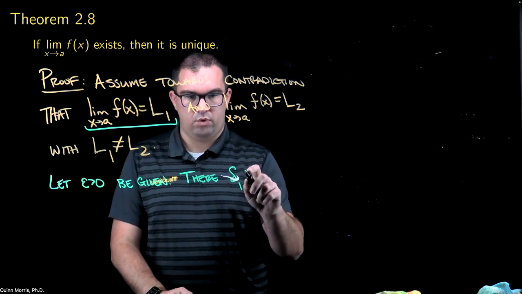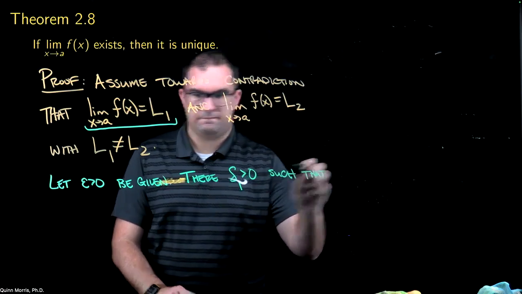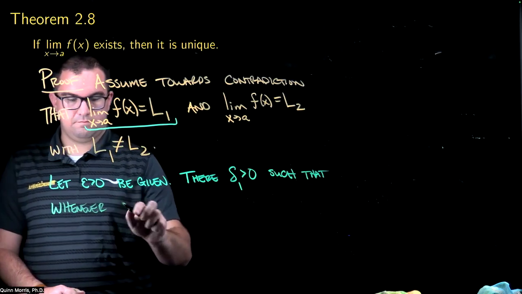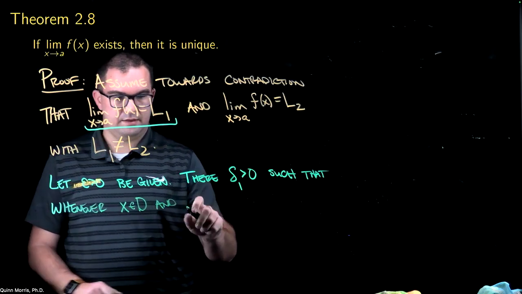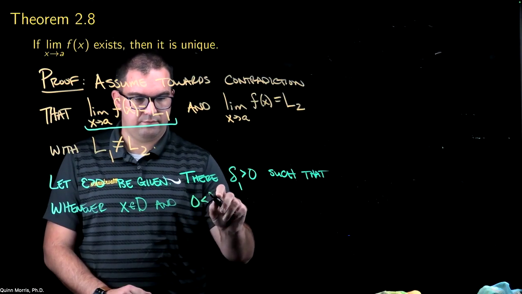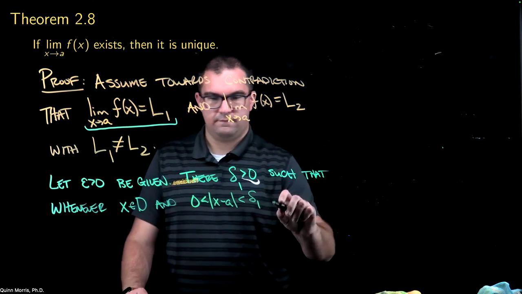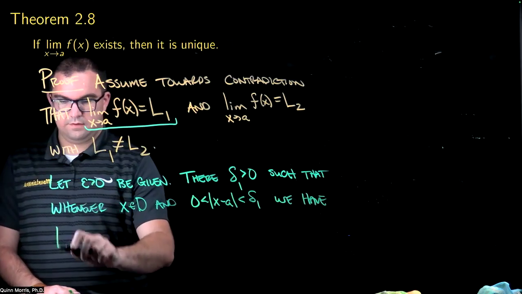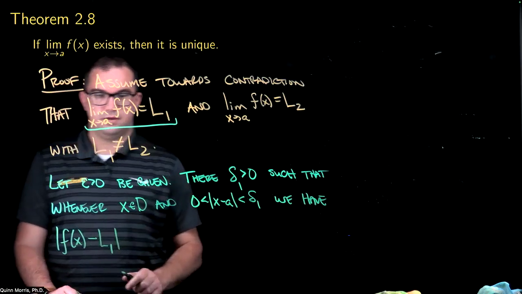So there exists a delta 1 greater than 0 such that whenever x is in the domain and 0 is less than the absolute value of x minus a, which is less than delta 1, we have: now, I can make this difference as small as I would like.